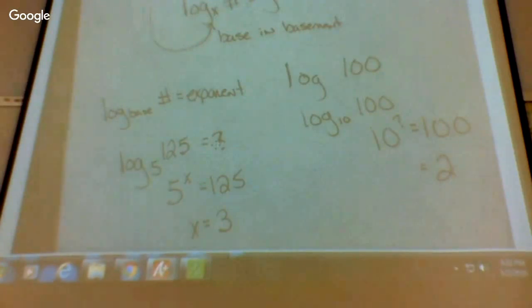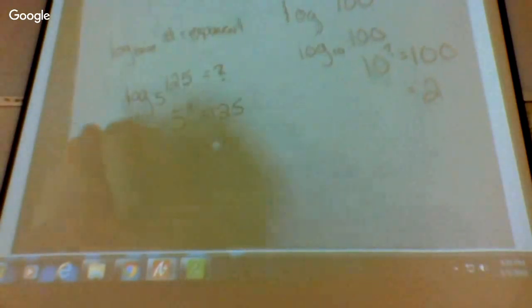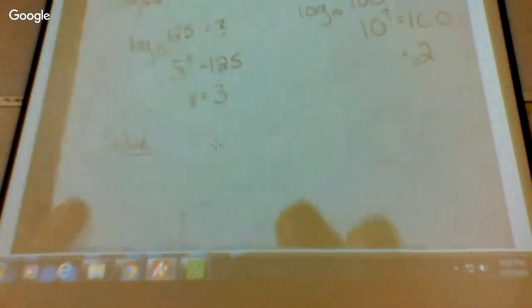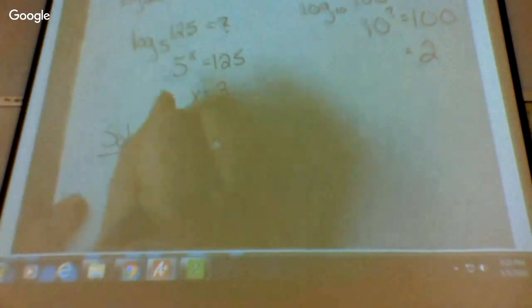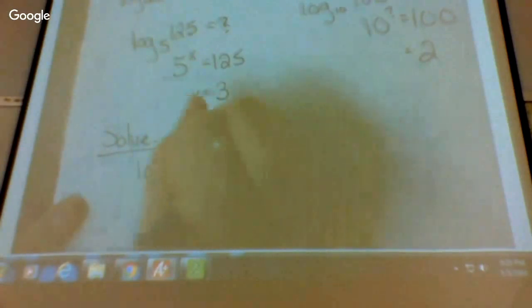Okay. So if I said solve, and I gave you log of 4x equals 2.